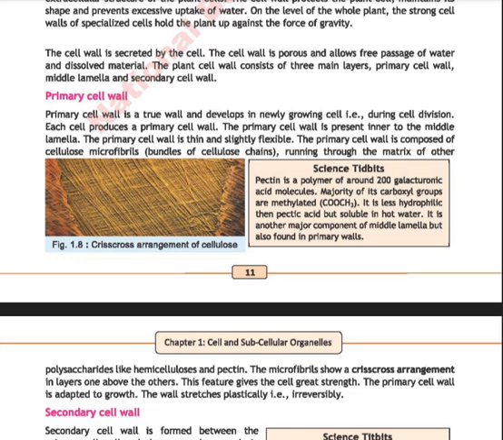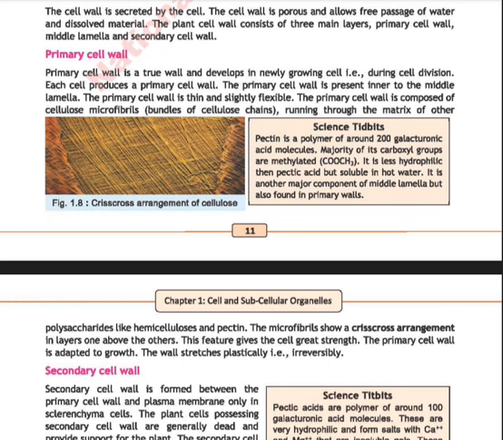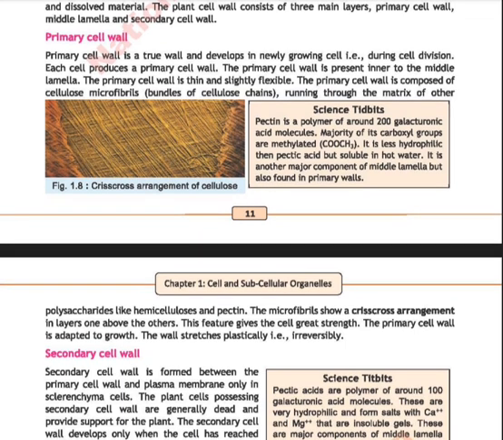On the level of the whole plant, the strong cell walls of specialized cells hold the plant up against the force of gravity. The cell wall is secreted by the cell. The cell wall is porous and allows free passage of water and dissolved material.